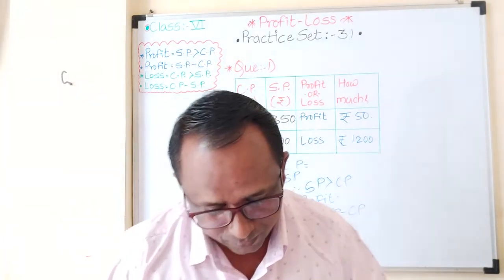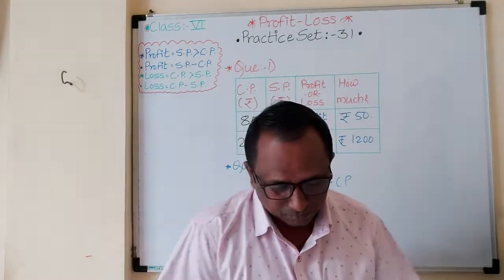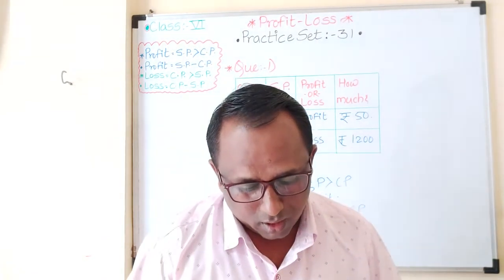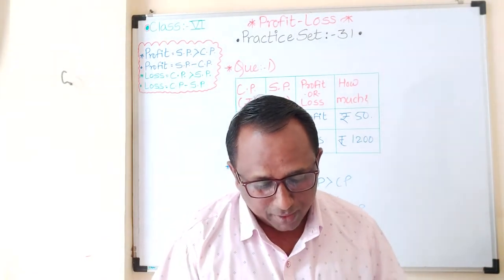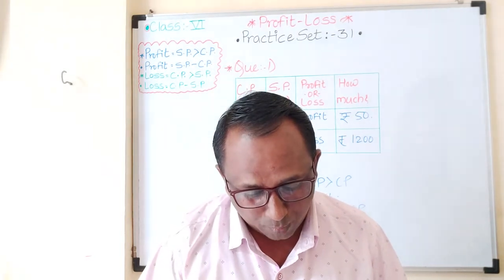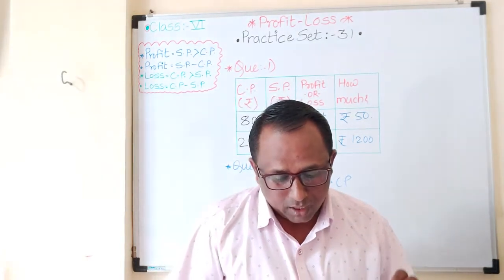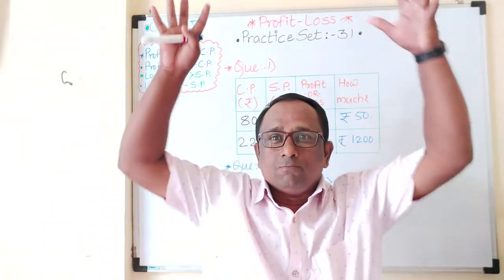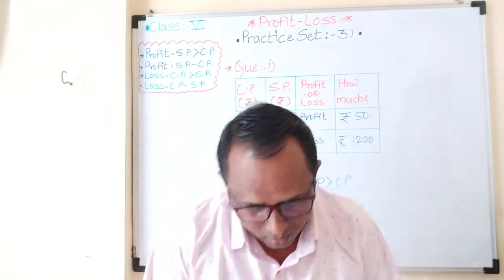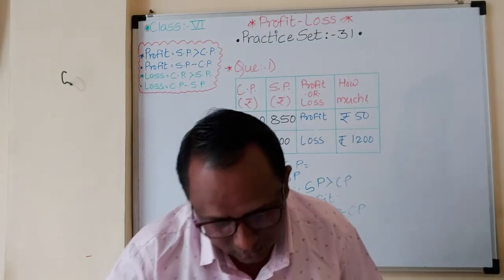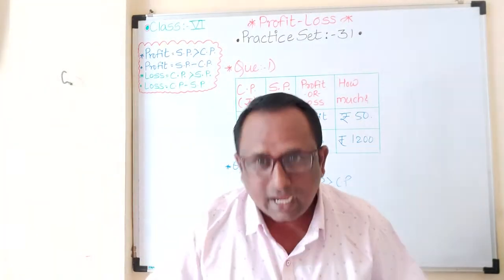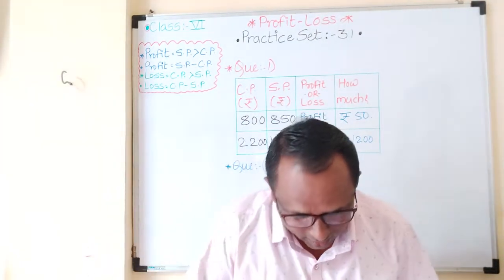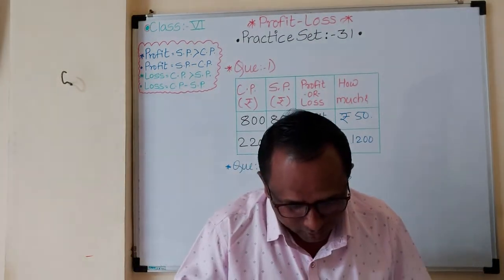Now we'll see the fifth example. Pramod bought 100 bunches of methi greens for rupees 400. In a sudden downpour, downpour means heavy rainfall, 30 of the bunches on his handcart got spoiled.